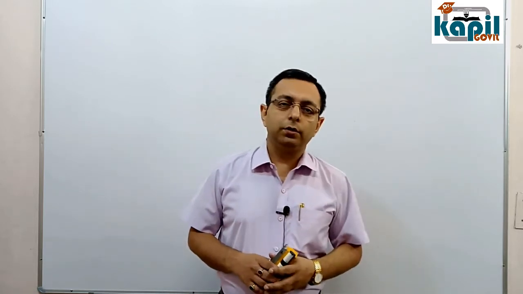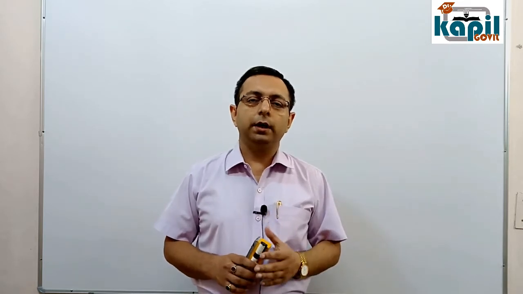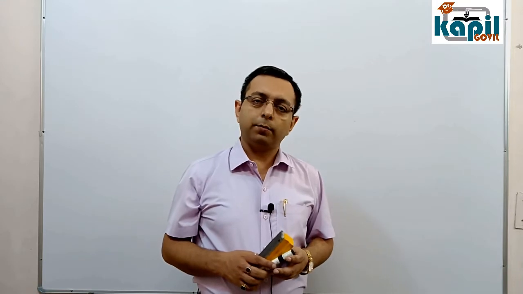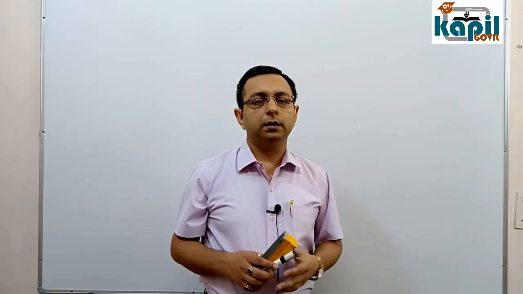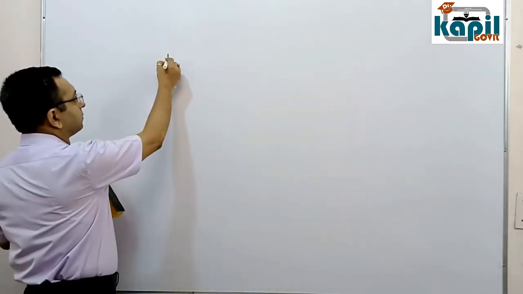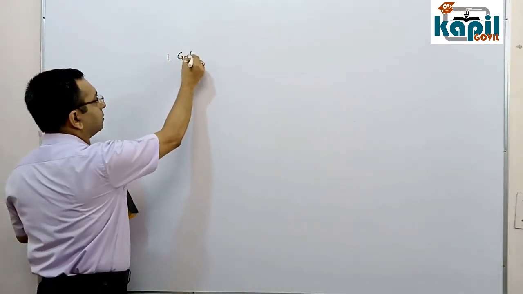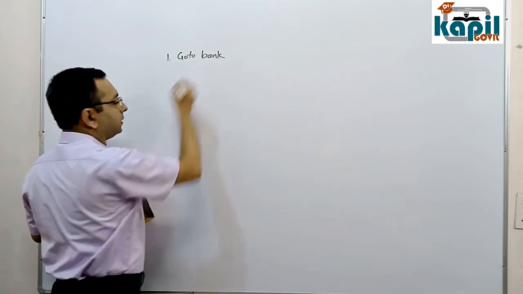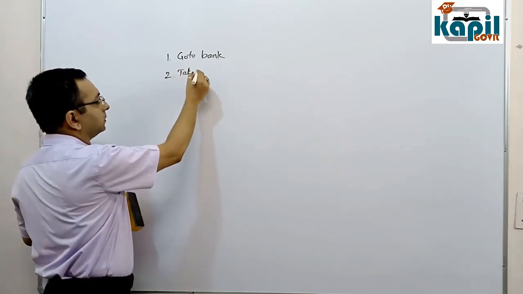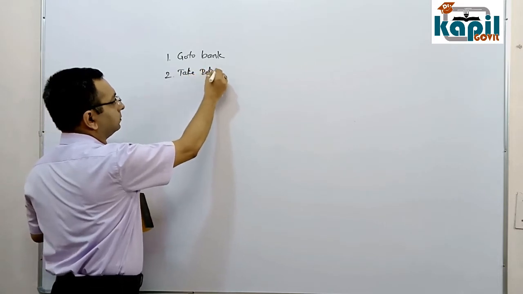Suppose you have to deposit some amount in your bank account. So what will happen? First of all, I am writing all the possible steps for depositing any amount in your bank account. Number 1, go to the bank. Number 2, take a deposit slip.